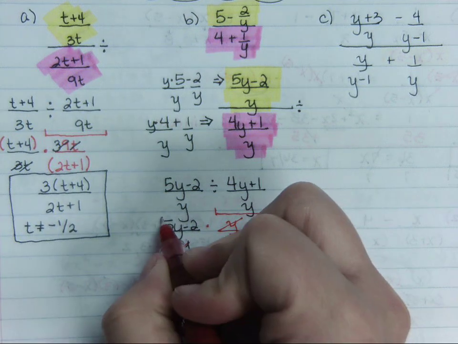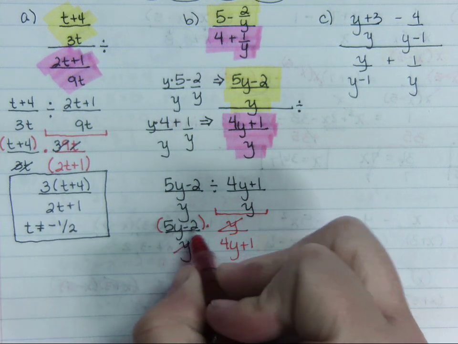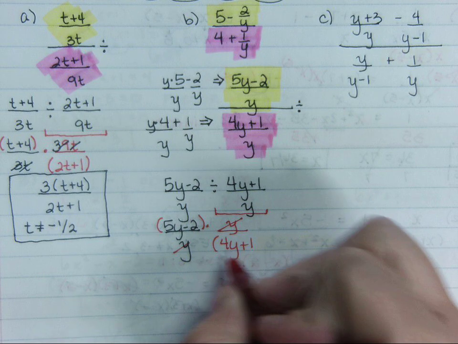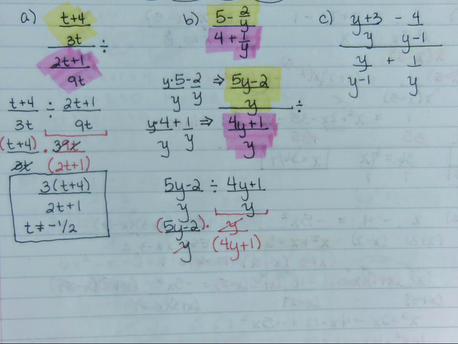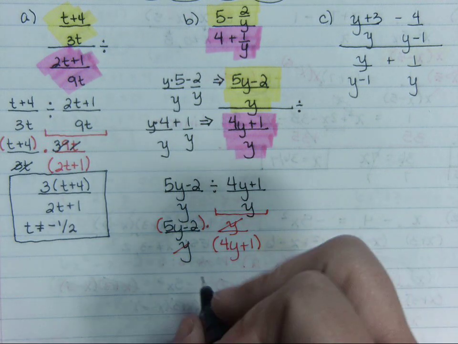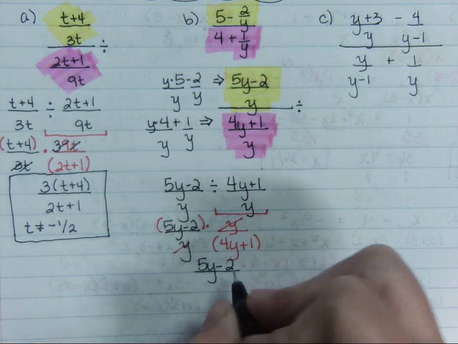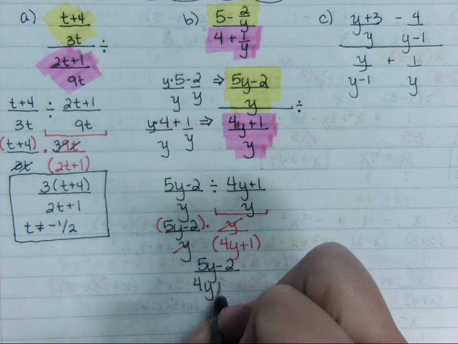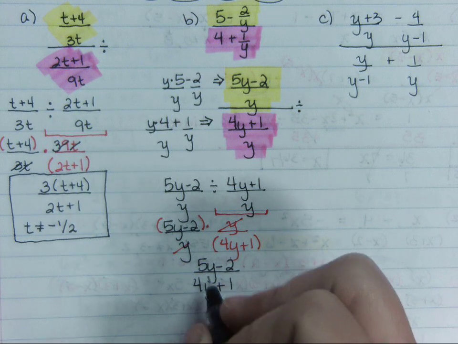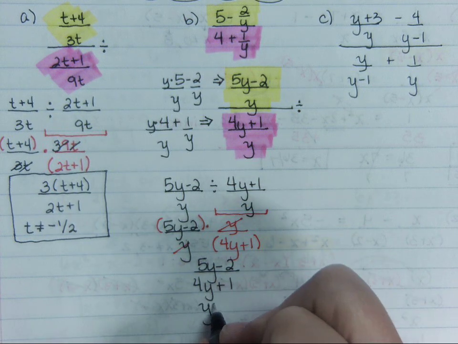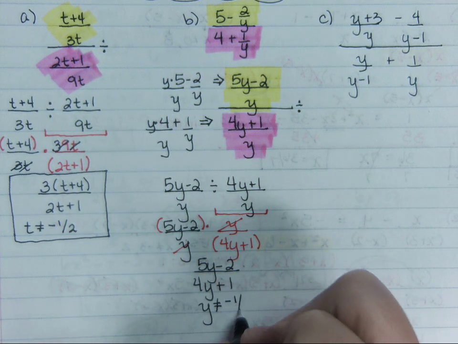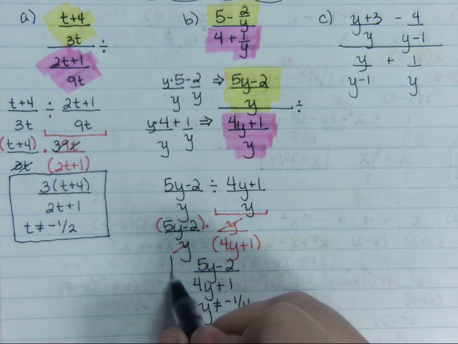Because this 5y minus 2 has nothing in common to factor out, and neither does this 4y plus 1. So when I simplify this down, I get 5y minus 2 over 4y plus 1. And again, there is a value when y cannot equal negative 1/4 as my restriction.